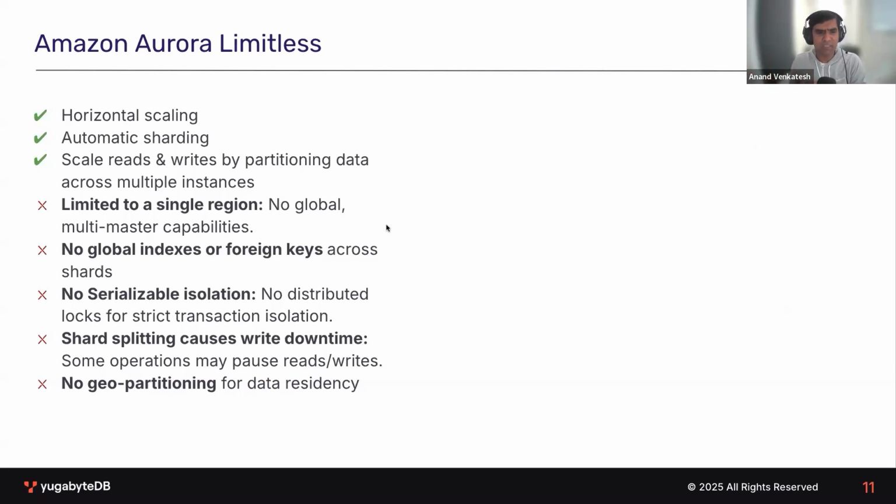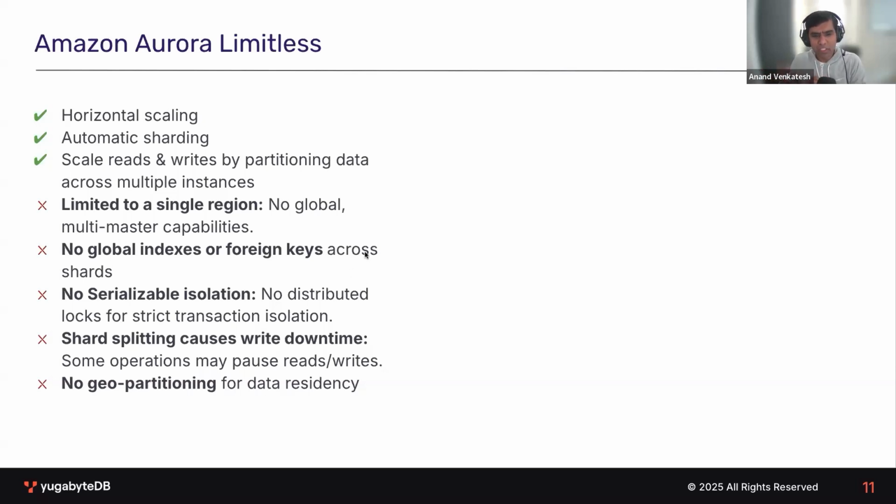Some of the limitations of this service are that it is limited to a single region, and it doesn't support global indexes and foreign keys across shards. Due to its design limitation, it cannot support serializable isolation. It also means no distributed locks for strict transactions, right? So that is something developers need to be aware of.